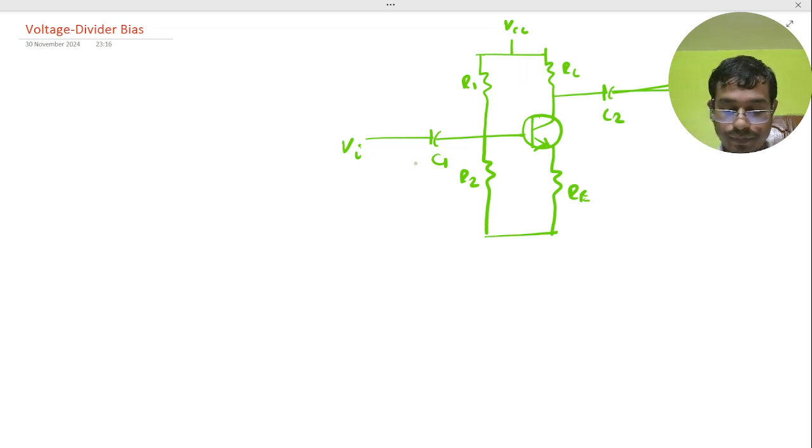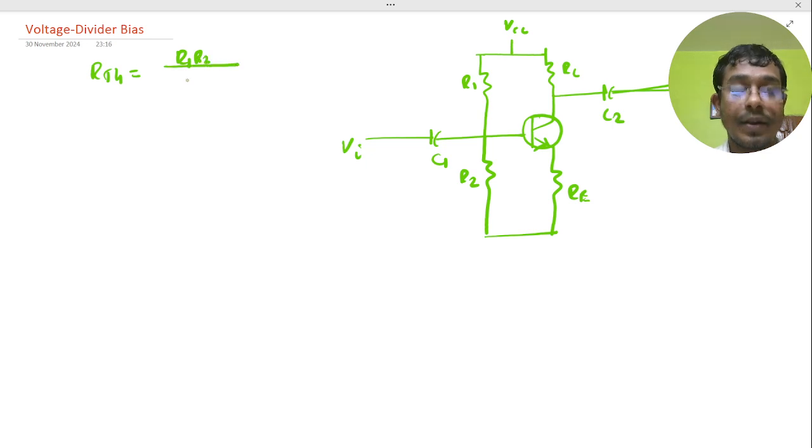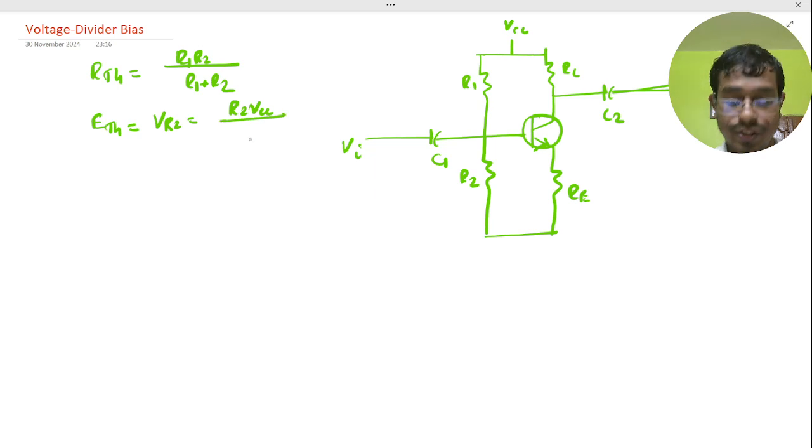For deducing this formula, first we find the Thevenin resistance of R1 and R2: RTH is R1 R2 divided by R1 plus R2. The second one is the Thevenin equivalent voltage, which is R2 VCC divided by R1 plus R2.